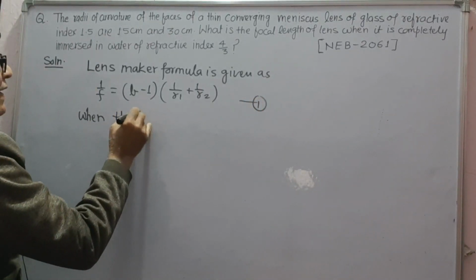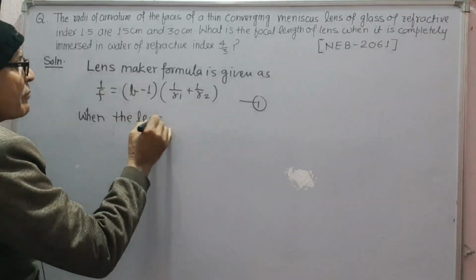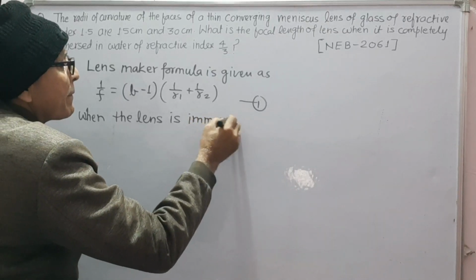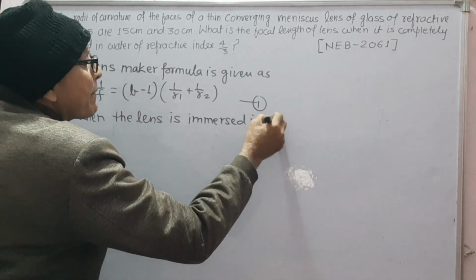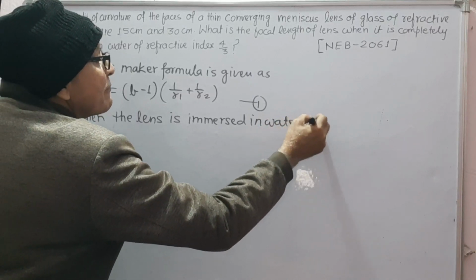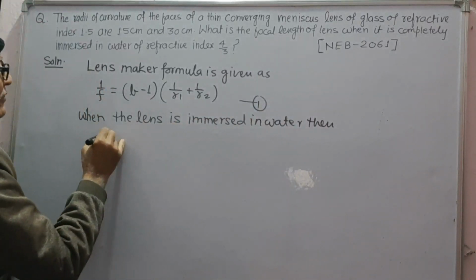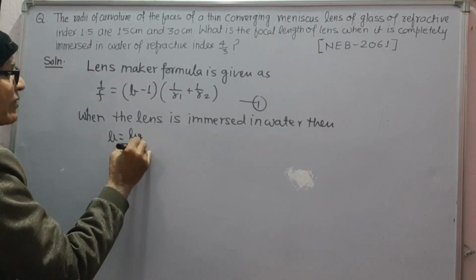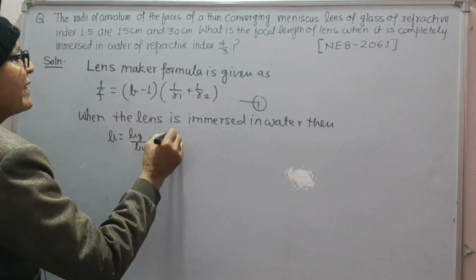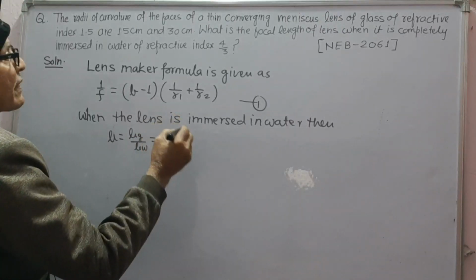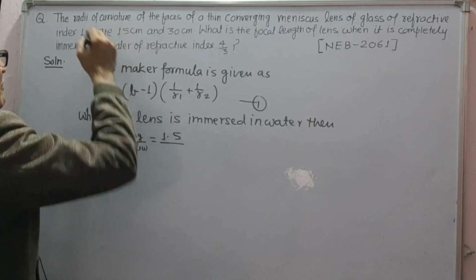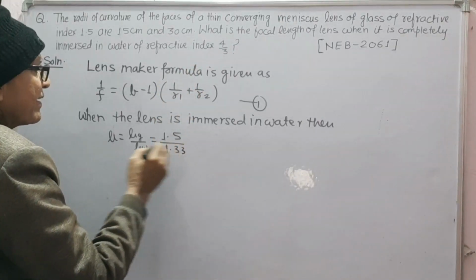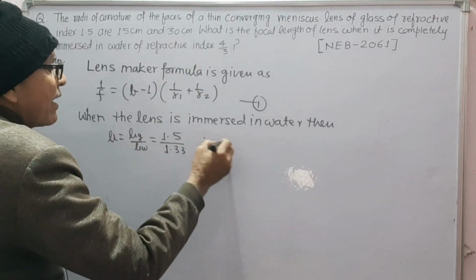When the lens is immersed in water, then refractive index mu will be equal to mu glass upon mu water, which is 1.5 upon 1.33. 4/3 means 1.33.